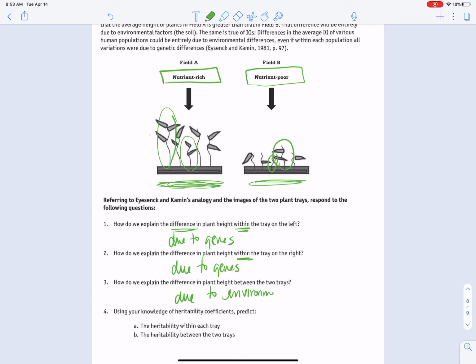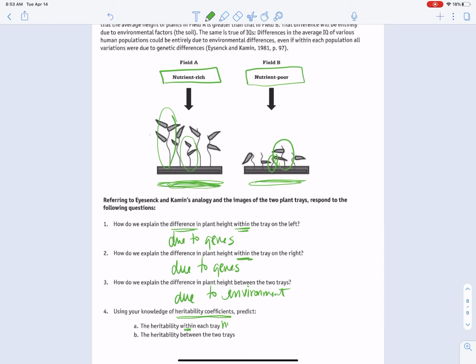So if we want to talk about heritability coefficients, we are going to say the heritability within each trait. Remember, heritability describes differences that are due to genetic influence. So within the trait on the left, any differences that we saw could be attributed to genetic influences.